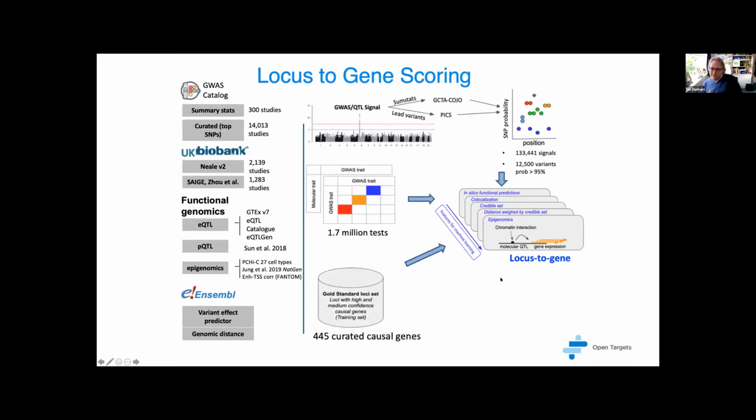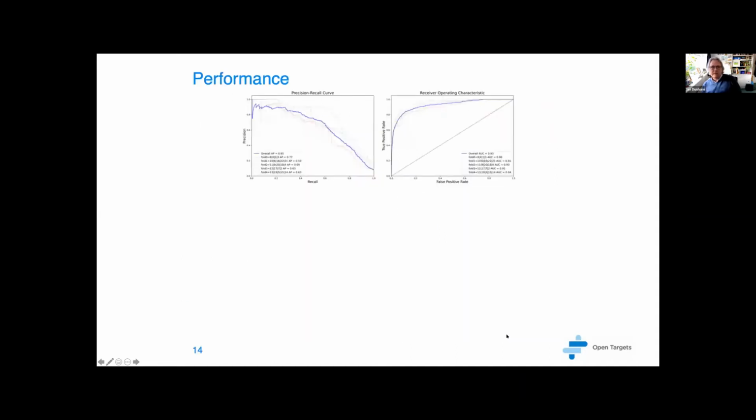And we train that in a supervised way on 445 curated causal genes. We use an XGBoost gradient boosting model and produce a model that gives a ranking at every locus across the genome for every trait involved, and a score of the likelihood of the genes being involved, which we call the locus to gene score.